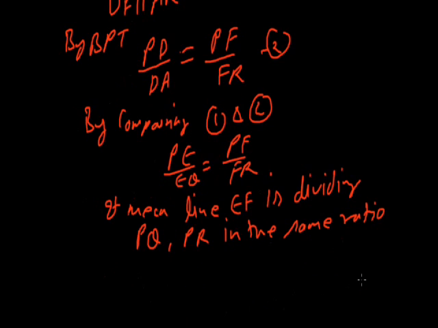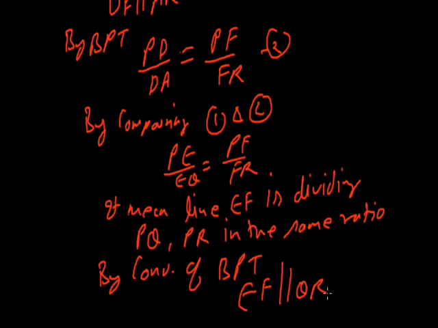So by converse of basic proportionality theorem, we can say that EF is parallel to QR because it divides the two sides of a triangle in the same ratio.